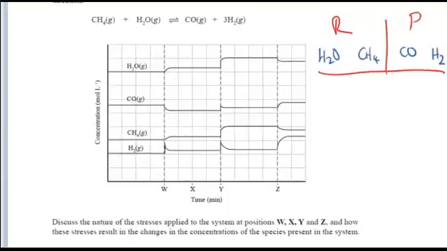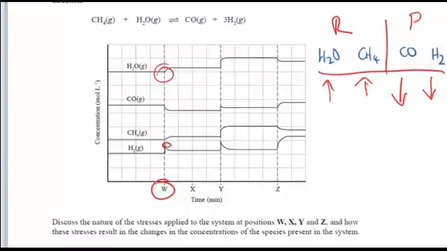So at position W, what happens? Well, we get a decrease in CO, an increase in H2O, and an increase in CH4, and with H2 we get an initial increase and then it decreases. That initial increase can only be due to one thing: we've added some H2.